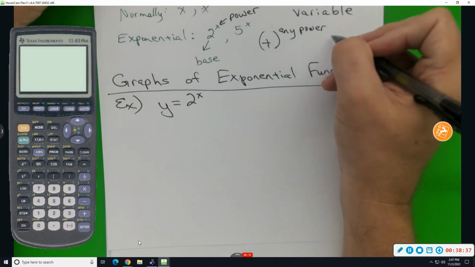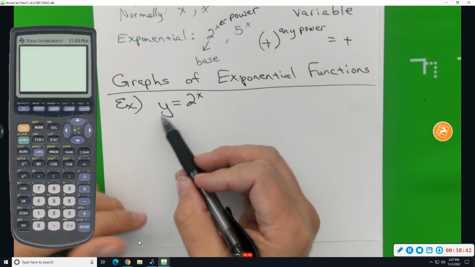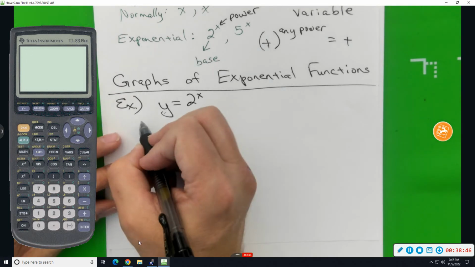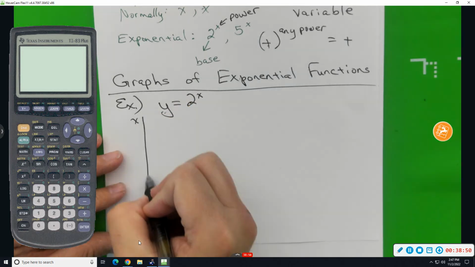A positive number? I agree. A positive number to any power, that means every y value is going to be positive. Let's make a table of values.